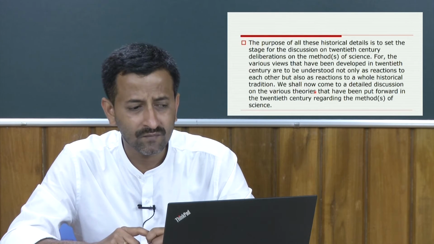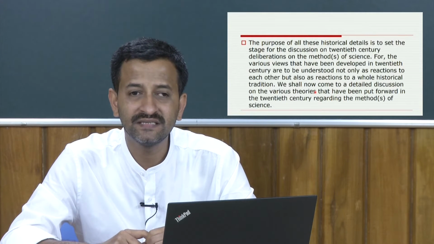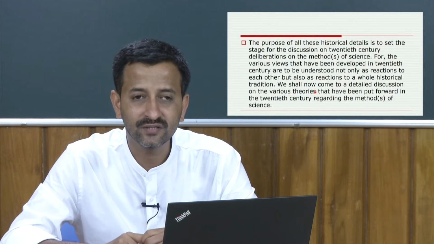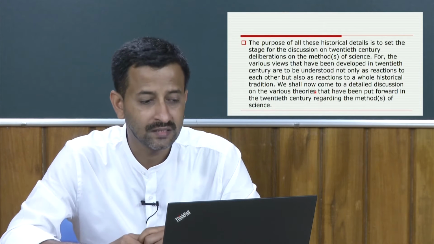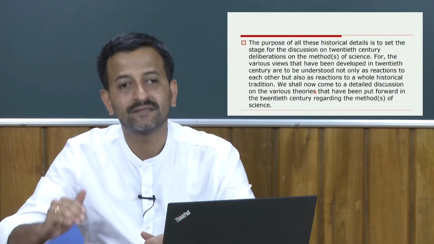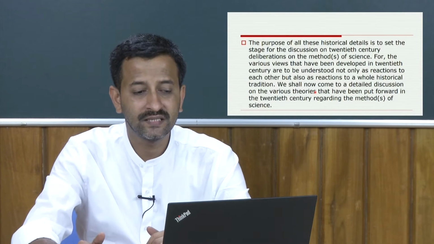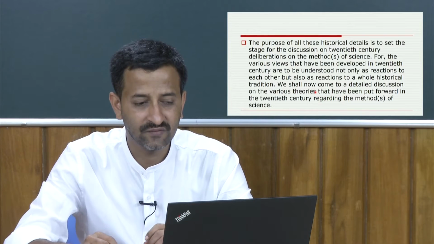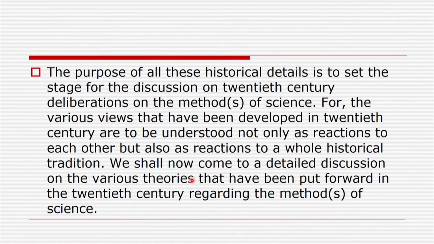For the various views that have been developed in the 20th century are to be understood not only as reactions to each other, but also as reactions to a whole historical tradition. We shall now come to a detailed discussion on the various theories that have been put forward in the 20th century regarding the methods of science.